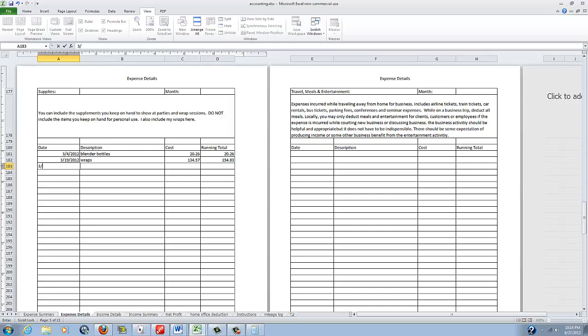We have some OJ for a party. We have some profit. And I do purchase items just for parties and wrap sessions, so I deduct the full cost of the item because it is never used for personal use.